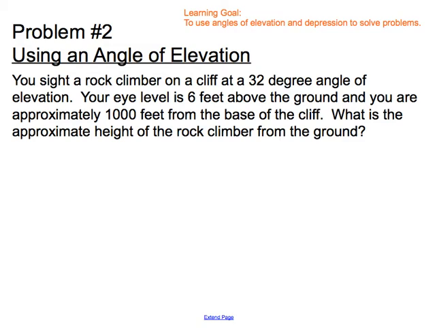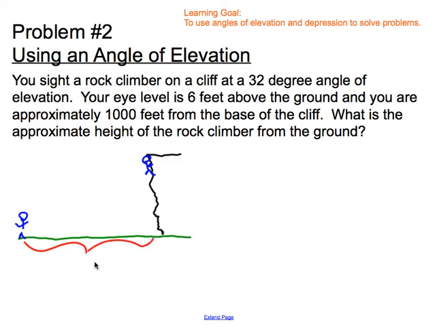So again, let's start by drawing a picture. So here we have our cliff face. We need to add a little rock climber here. So let's add a little rock climber guy. He's making his way up the cliff. We're 1,000 feet away. Let's mark that in our diagram.